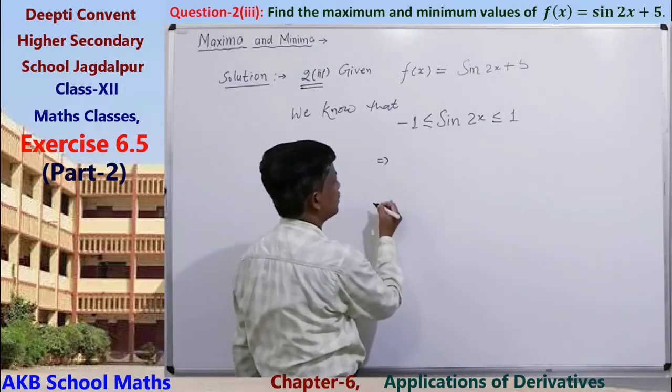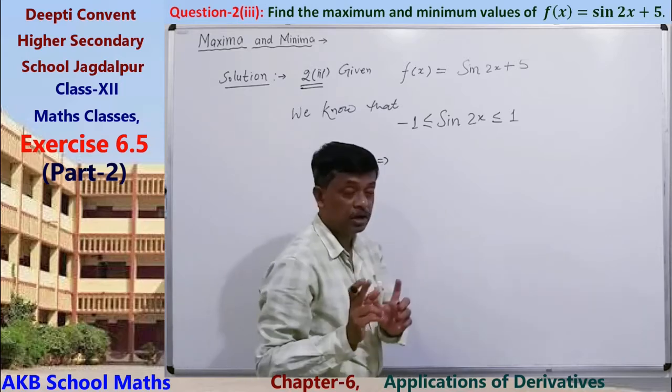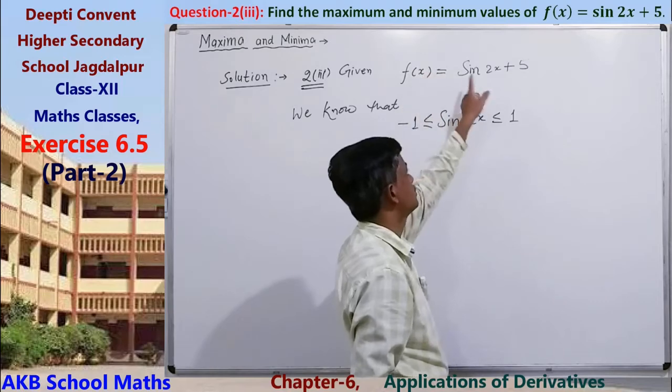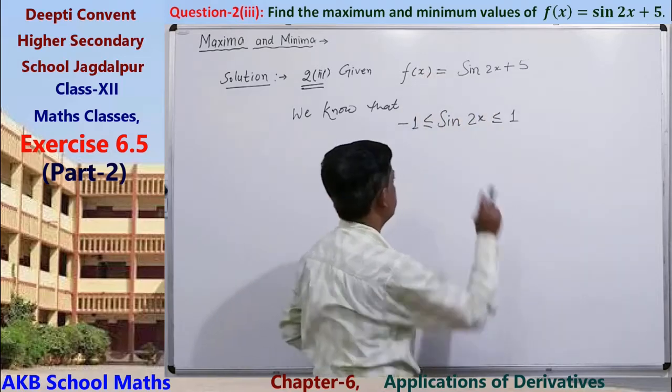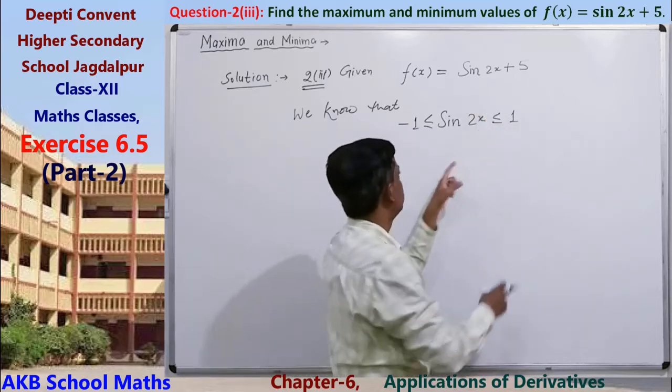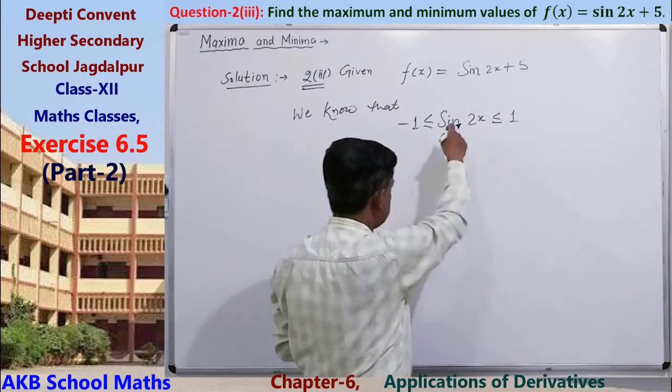This implies we require this type of combination for getting the function sin 2x plus 5. Here we can add 5 in 3 places in this inequality.